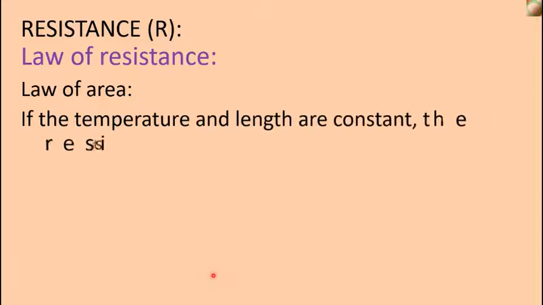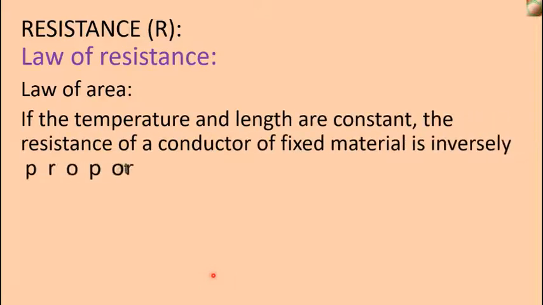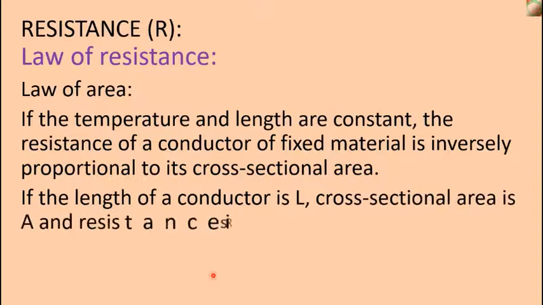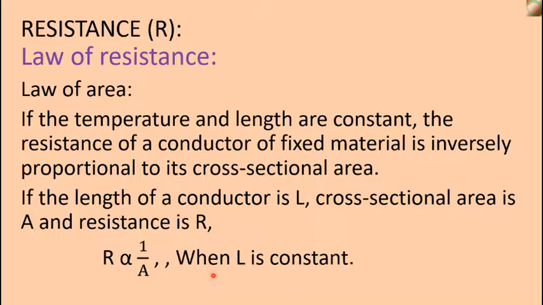Law of area. If the temperature and length are constant, the resistance of a conductor of fixed material is inversely proportional to its cross-sectional area. If the length of a conductor is L, cross-sectional area is A, and resistance is R, R is proportional to 1 by A. That is, if temperature, material and length of the conductor is constant, then R is inversely proportional to the cross-sectional area.